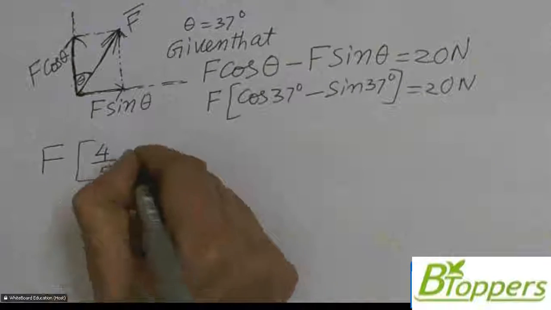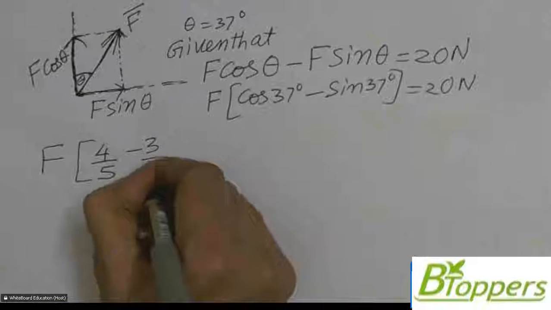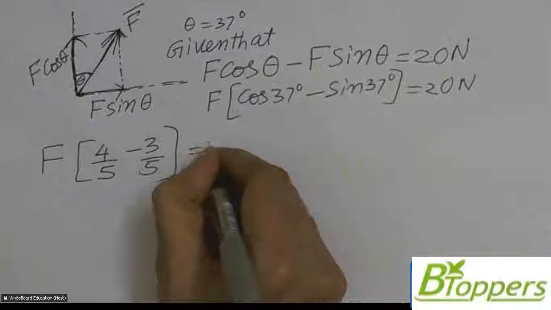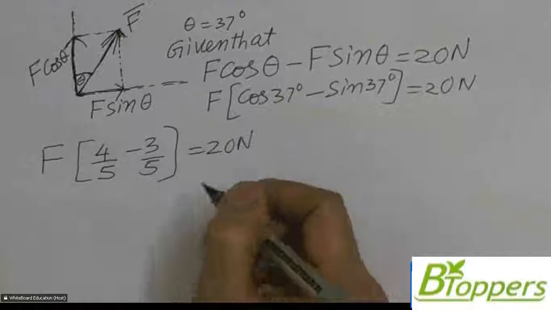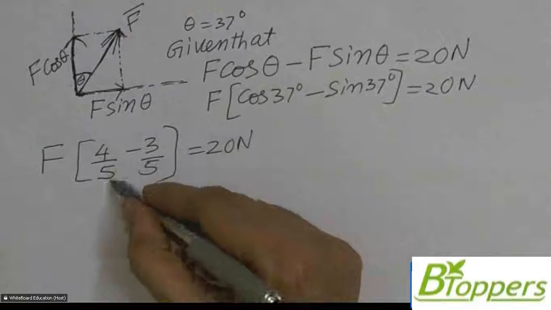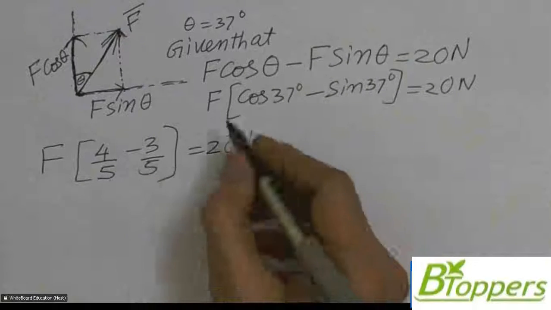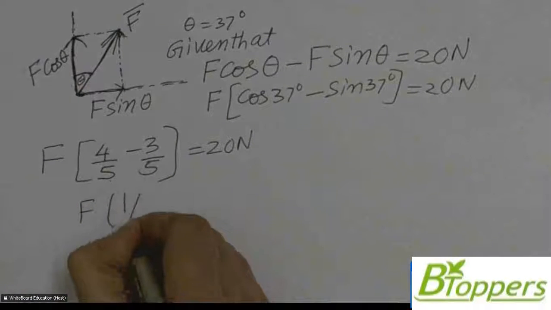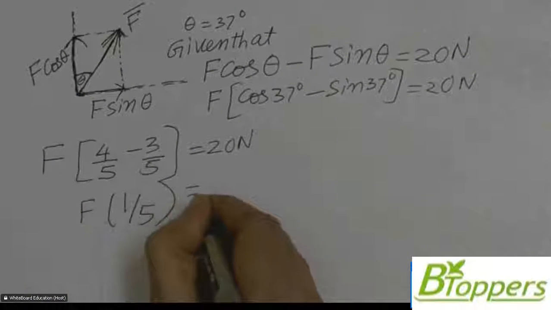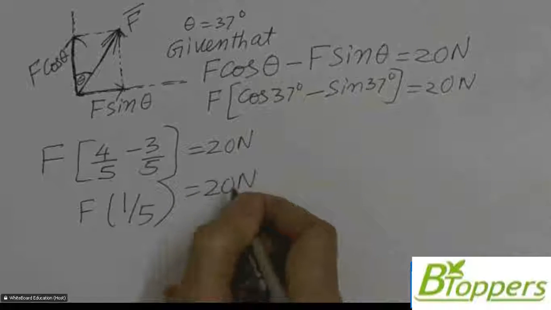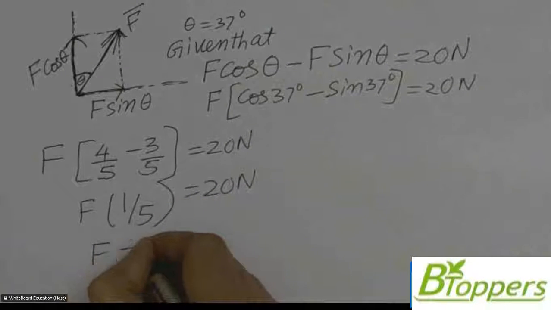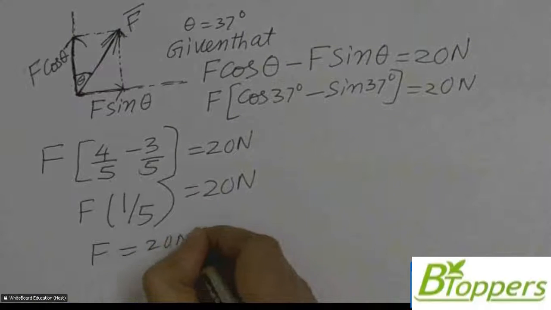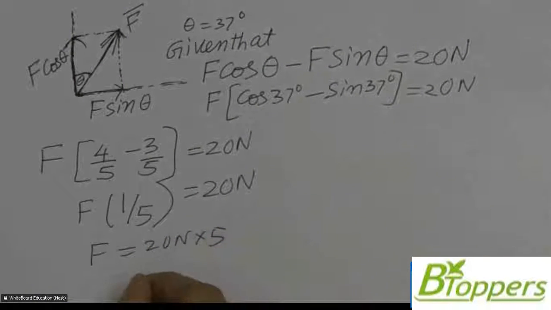It comes out to be 4 by 5. So you can substitute cos 37 degrees equal to 4 by 5 and sine 37 degrees equal to 3 by 5. So from this you get F into 1 by 5 is 20 newtons, or F is equal to 100 newton. So the magnitude of the force is 100 newtons.